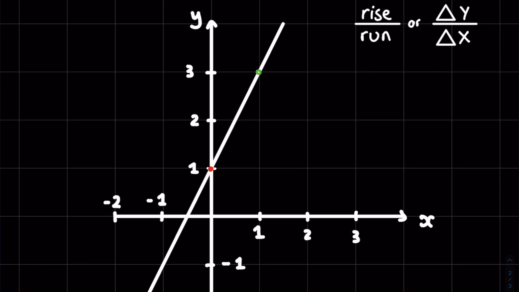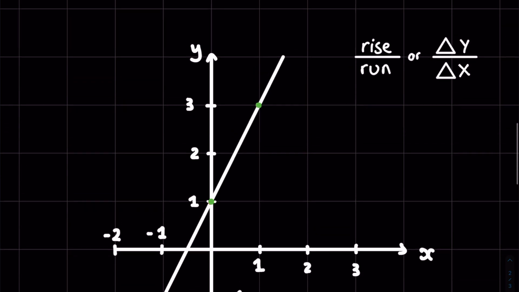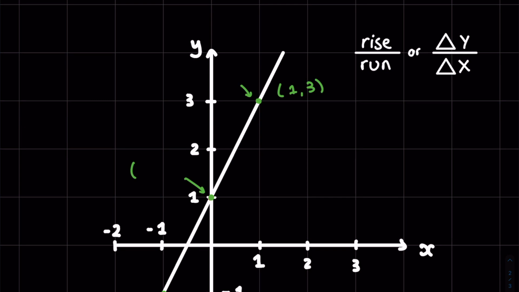For example, this 1 and 3, this 0 and 1, minus 1 and minus 1, and minus 2, minus 3. As we said, we're trying to be inside the top right corner, so the easiest way is these two points here. This coordinate is 1 and 3, and this one is 0 and 1.